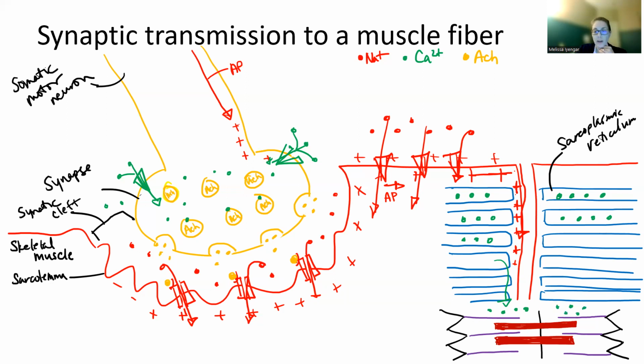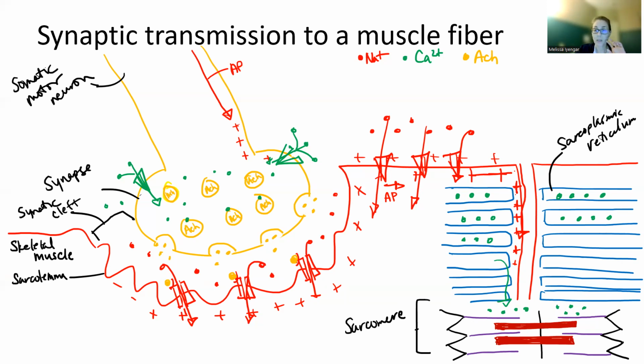The next thing that's going to happen is what calcium is going to do to our sarcomere. So if you hadn't figured this out, this is me drawing my sarcomere here. The calcium being released is going to bind to troponin.